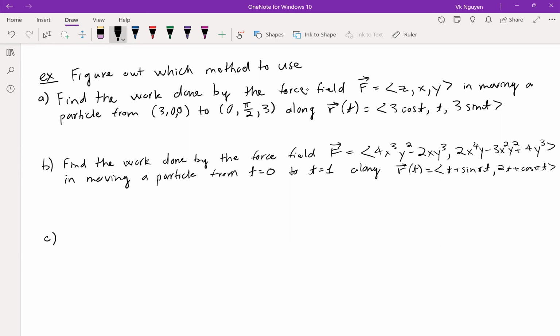So here comes C. Find the work done by the force field.